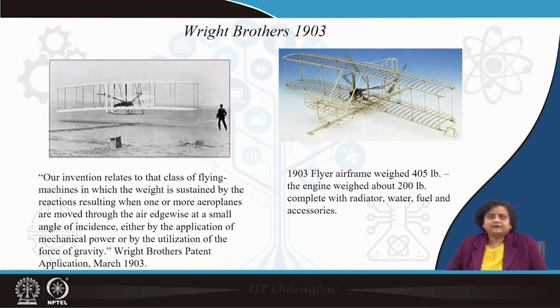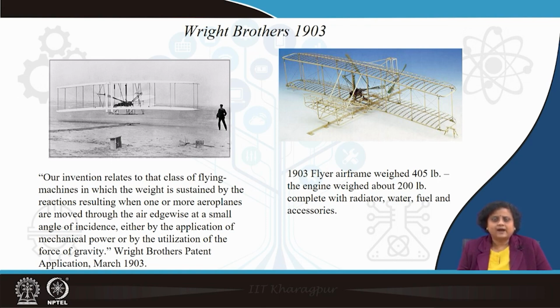So, the next worth mentioning after Chanute's truss structure was the design developed by the famous Wright brothers. As we all know, the key to the success of the Wright brothers is the use of control surfaces, and they built the first heavier than air powered aircraft, which actually flew for 12 seconds in the first demonstration.